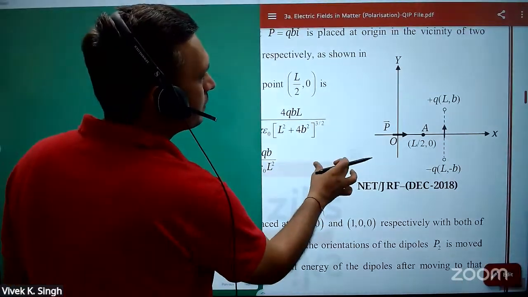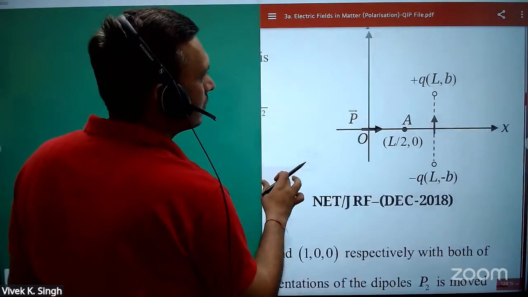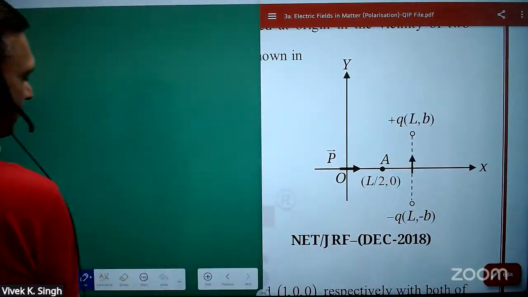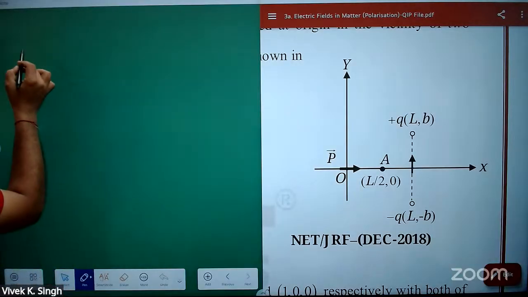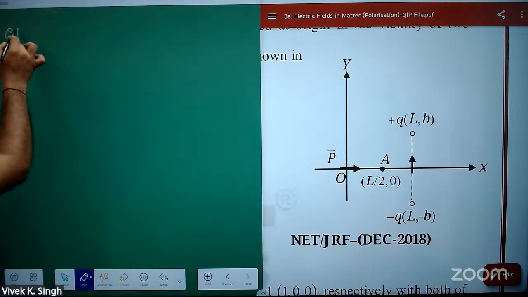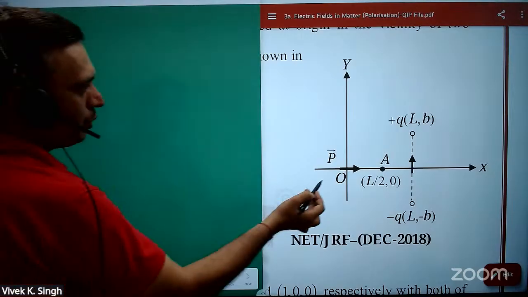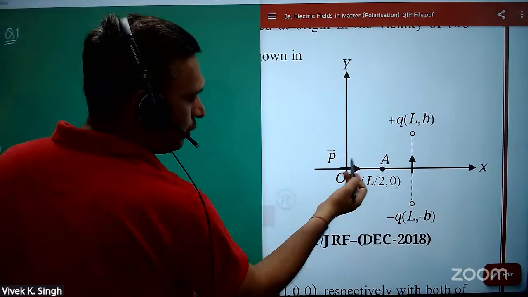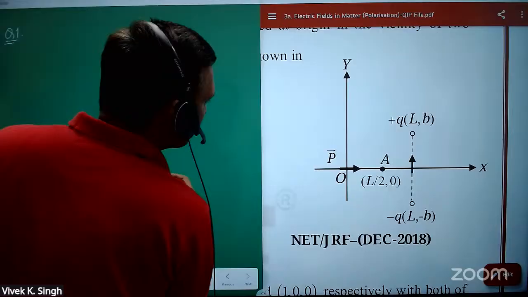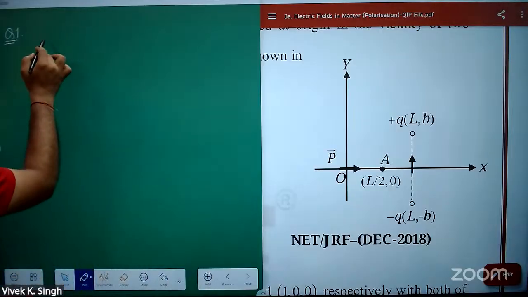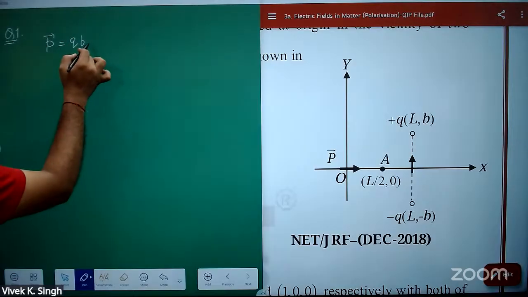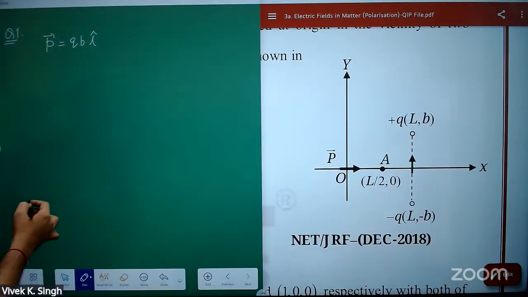Let's see what the potential will be at this point. You have to find the potential due to the dipole and then due to the point charges. The dipole moment P is given as QB I cap or X cap.